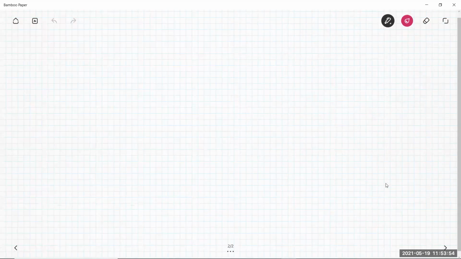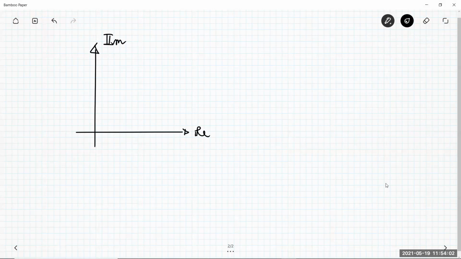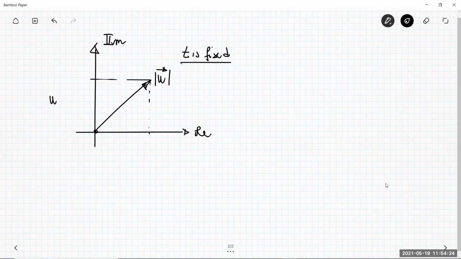Just to give you an example, I have this complex plane, in which you have the imaginary axis, and here the real axis, and suppose that the time t is fixed. Okay, if the time is fixed, then you can have this vector, for example, having an absolute value indicated in this way, and then you have an imaginary component, let me call it u beta, and a real component, which is u alpha.